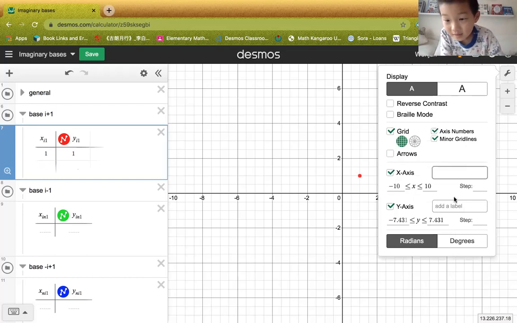So wait, I'm going to label this. Graph settings. What does x usually represent? Anyway, I get to make the rules because this is my graph. I'm going to make x real.